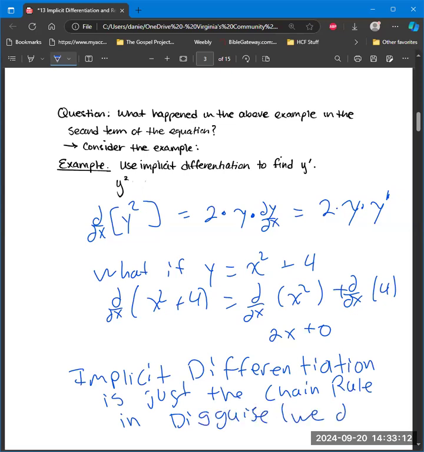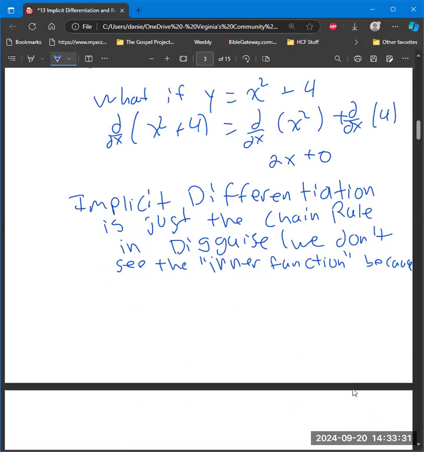We don't see the inner function because we replace it with our dependent variable.